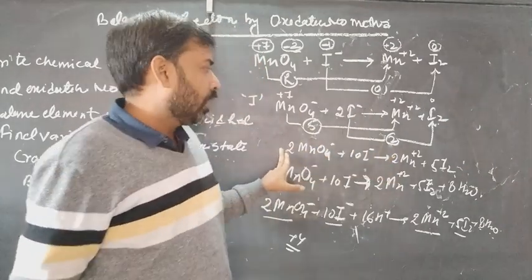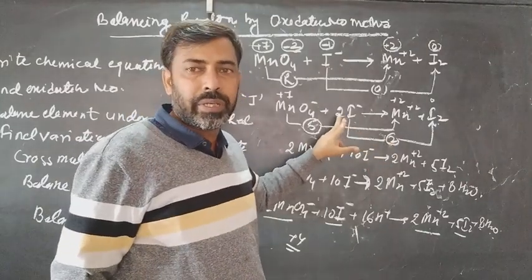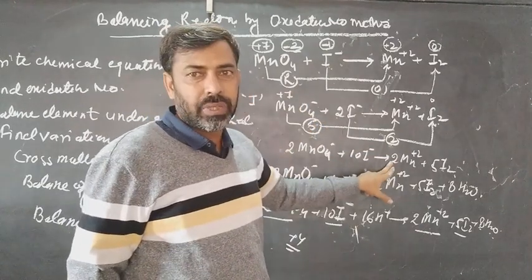Now after cross multiplying, ऑक्सीडेशन हाफ के वेरिएशन को रिडक्शन हाफ के साथ, रिडक्शन हाफ के वेरिएशन को ऑक्सीडेशन हाफ के साथ मल्टीप्लाई किया, जिससे कि आपको ये इक्वेशन मिला.